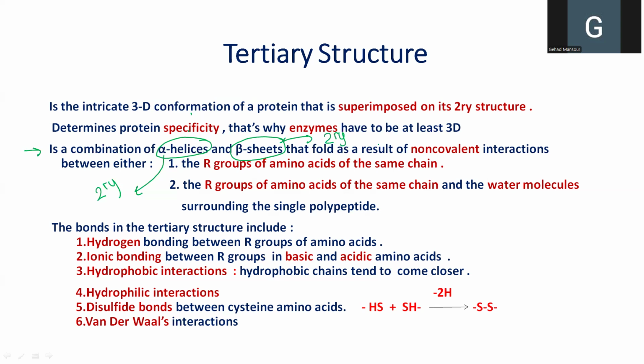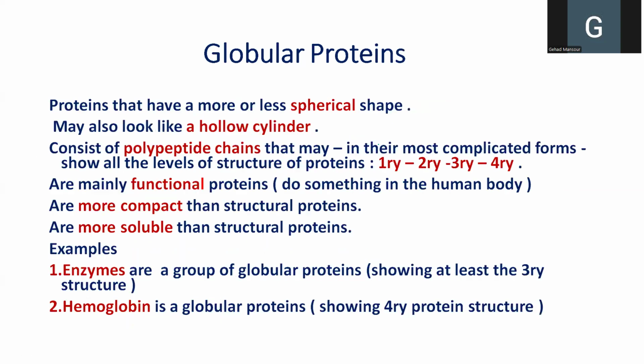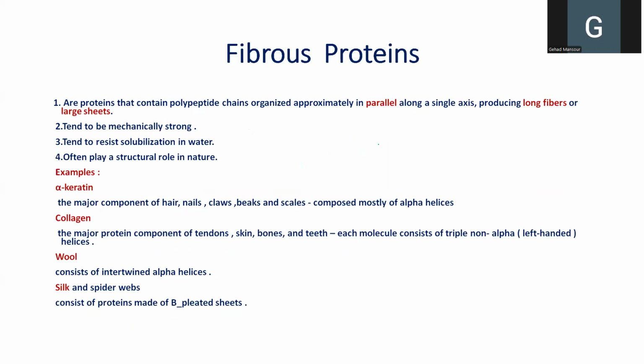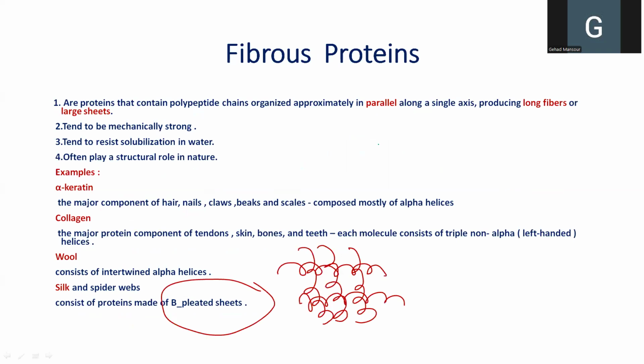And this is usually the case, rather than having both types, alpha and beta, together, because as we have just seen on the previous slide, for example, in alpha keratin, we have only alpha helices. In collagen, we have non-alpha helices. In wool, we have only alpha helices.